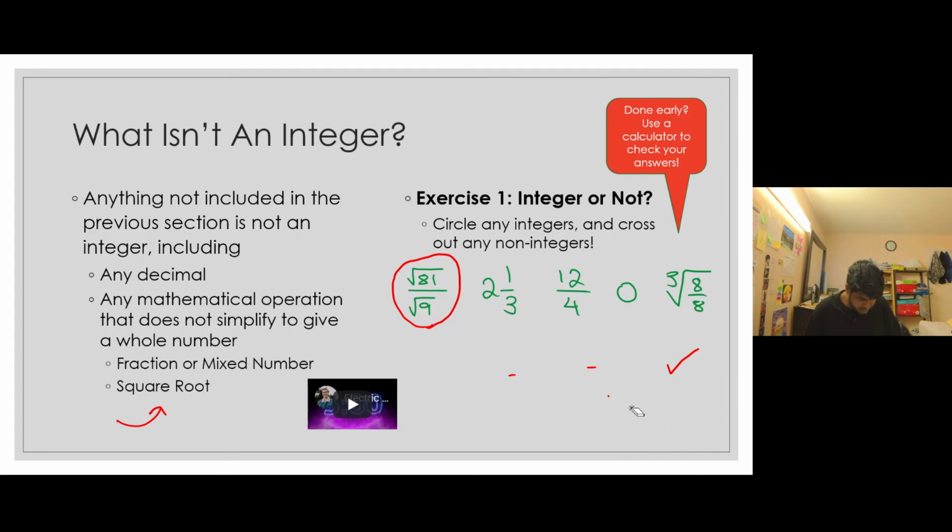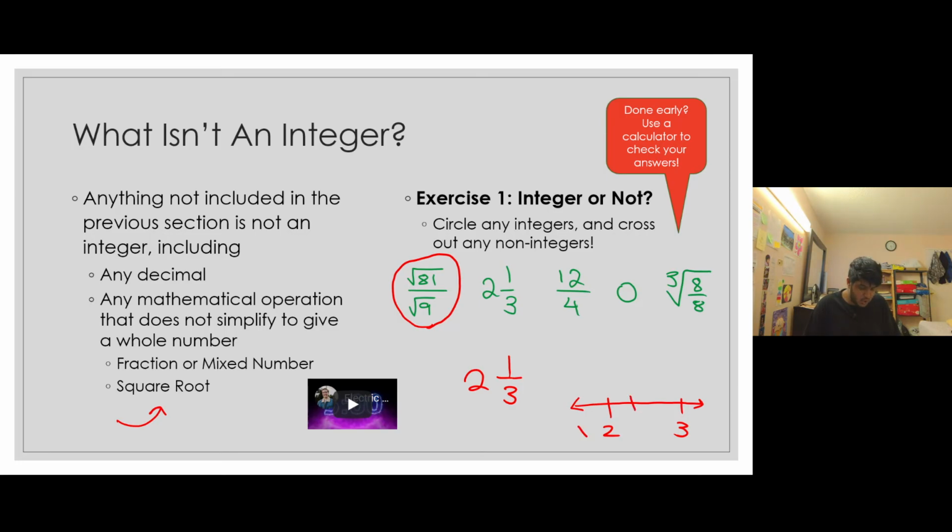Now let's go ahead and do the next one here. I'm just going to erase this here. And now we're going to do 2 1/3. When you have a mixed number, it's basically a dead giveaway, because you're saying it's 2 1/3, right? Now, if you think about this in terms of our number line, if I redraw a section of our number line, and let's say 2 was over here, and 3 was over here, 2 1/3 would be right over here.